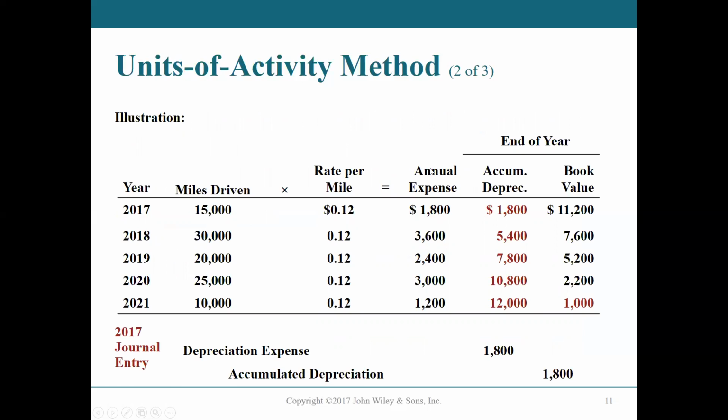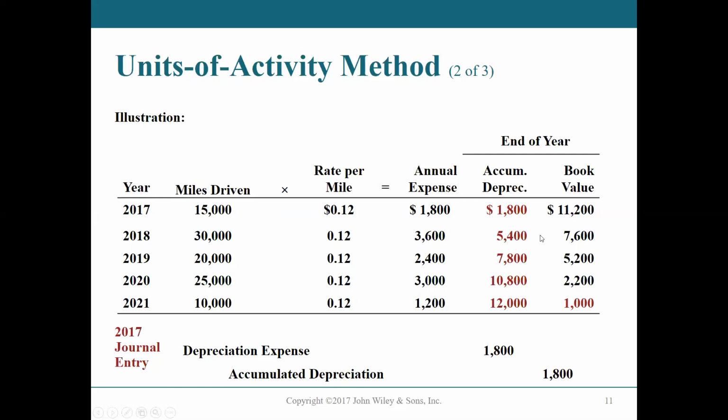Again, in the first year, your annual depreciation expense always equals your accumulated depreciation. And then your book value is your total cost minus accumulated depreciation. In the second year, they drove 30,000 miles, so they'll depreciate $3,600. Add last year's accumulated depreciation to this year's depreciation expense to get the new accumulated depreciation.